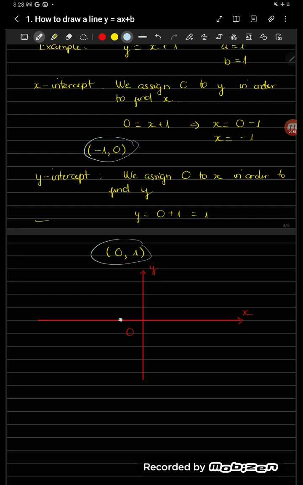So it means this point. And the second point is 0, 1. It means x equal to 0 and y equal to 1. So this one. Okay, these 2 points. So this one is A and this one is B.